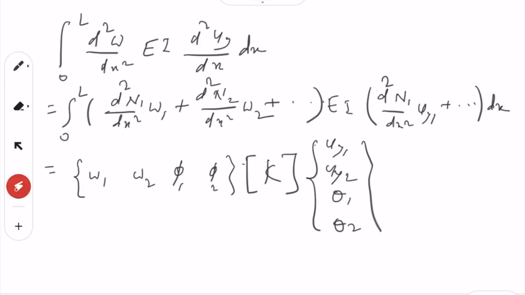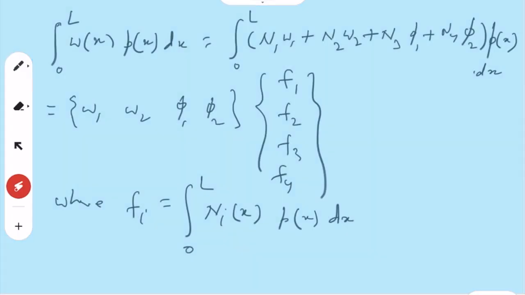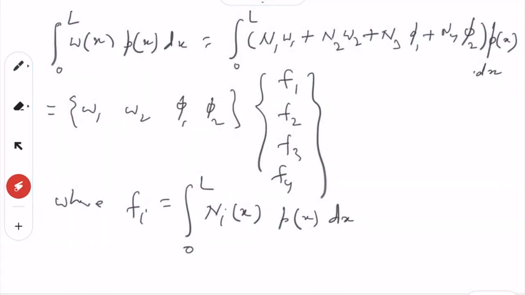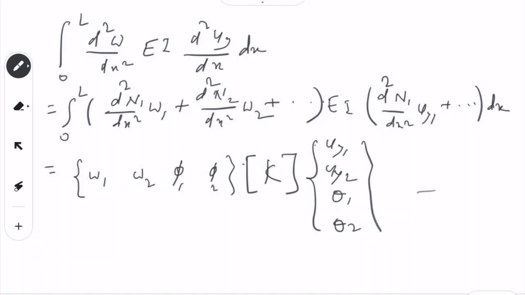Okay. So that means what we are going to get from here is the stiffness matrix. So if you combine all of them, this is 1, this one is 2, and this is the third one. And then what do we get combining them?